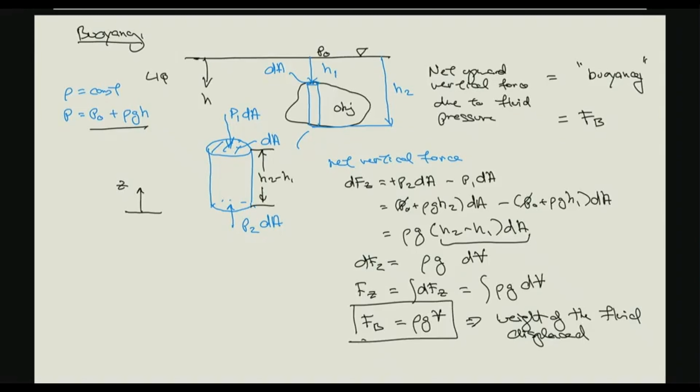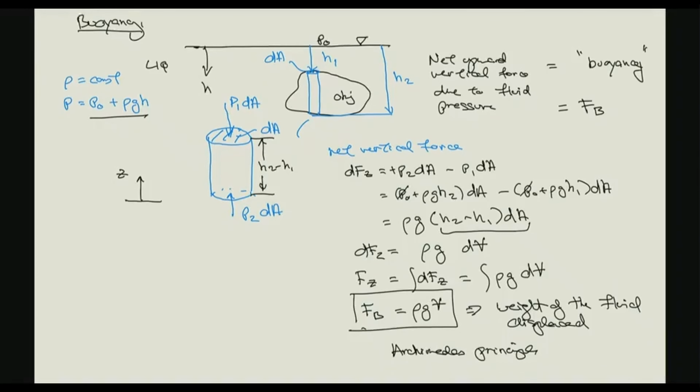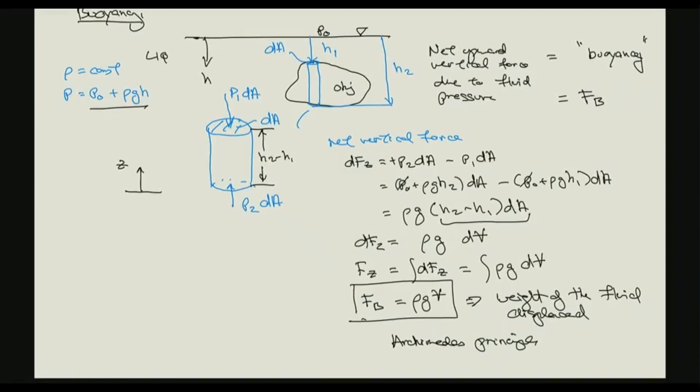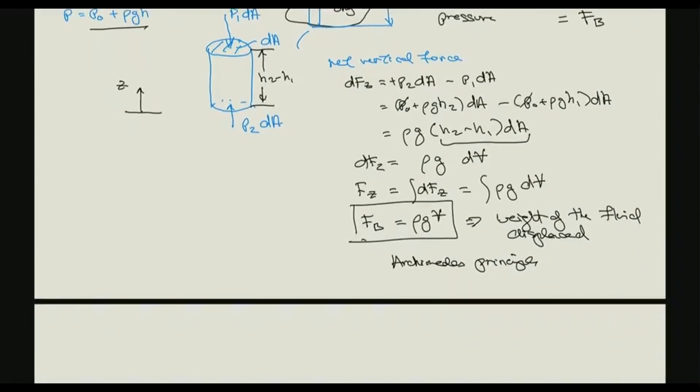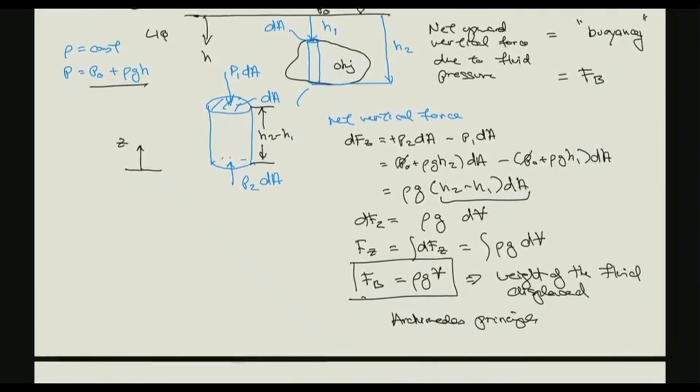So that's the buoyancy force, the net vertical force acting on this object, and that's the well-known Archimedes principle. Very simple. You probably went over this already in high school, but of course it's due to the hydrostatic pressure variation that we just went over. And of course we know it acts upwards.